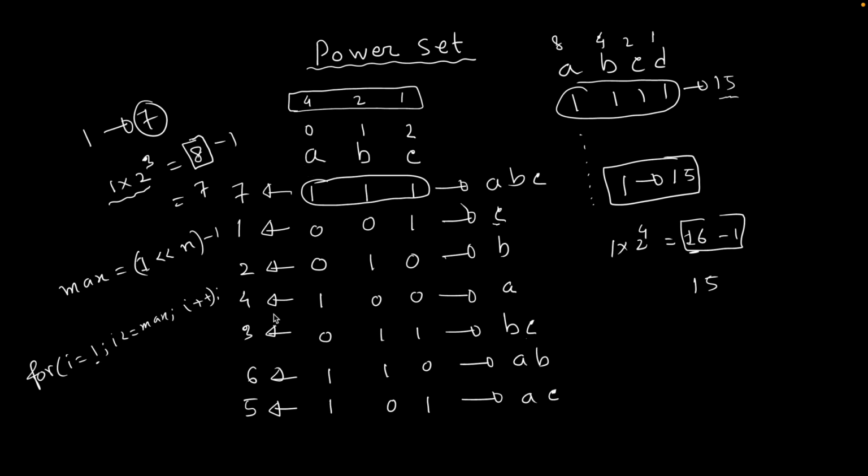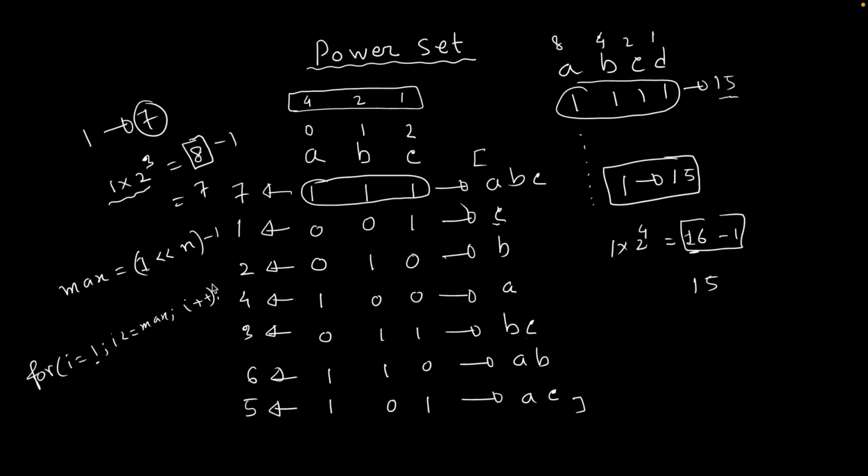Then we get 2, for 2 we extract B. For 3 we extract BC. For 4 we extract A. For 5 we extract AC. For 6 we extract AB. Then for 7 we extract ABC. So we can find the permutations using the bits, right?